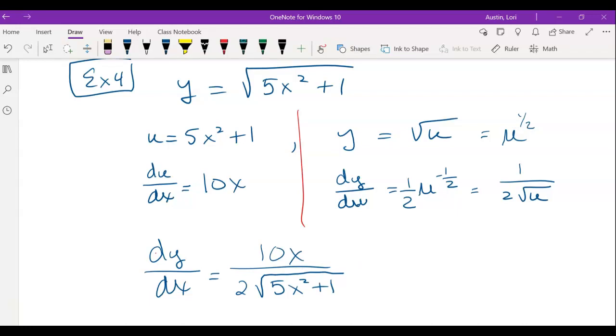Isn't that it? There's my 10x. And this never seems that bad. Until it all starts to get put together.